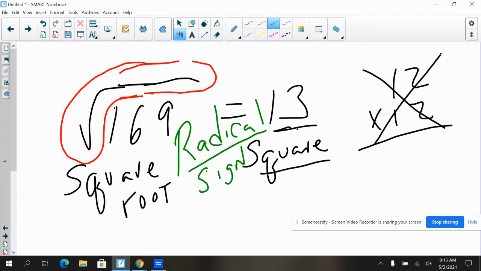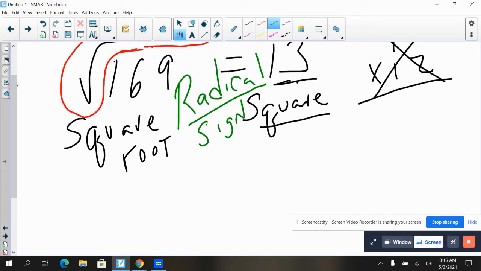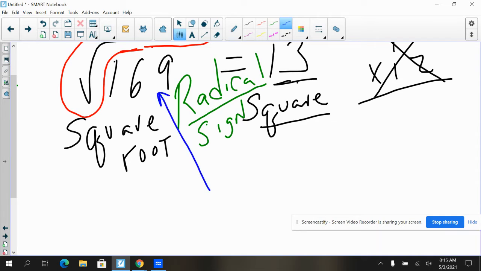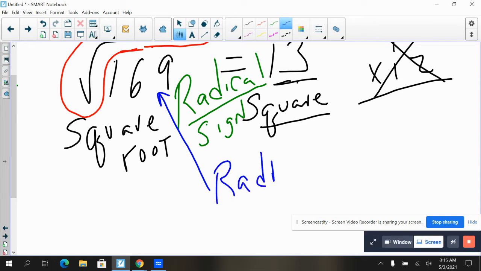The square root sign is called a radical sign. Anybody know what the number inside of it is called? That actually has a mathematical name to it. That is called the radicand.